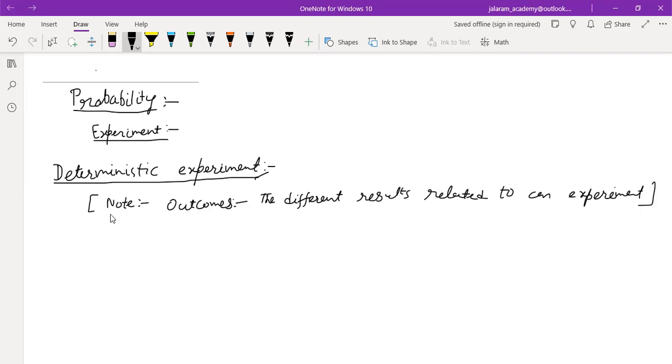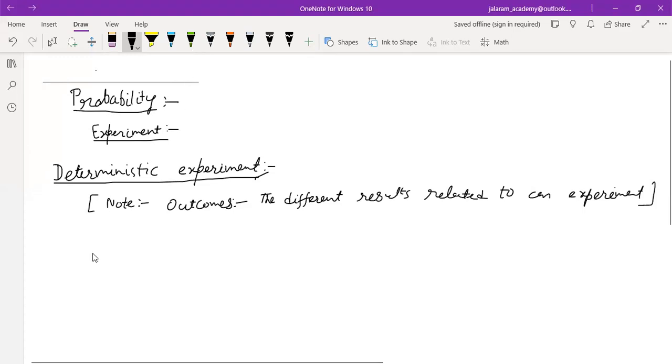That is, whenever we repeat or perform the experiment, the results are always the same.